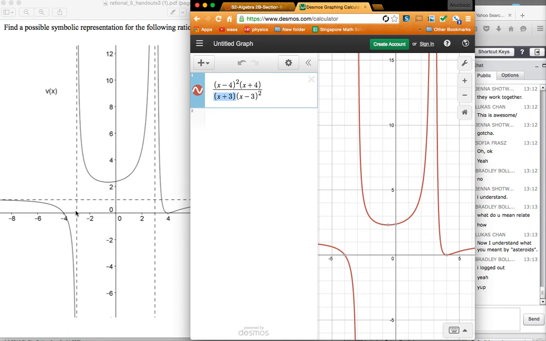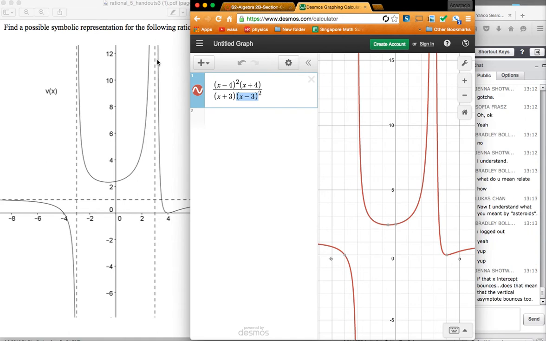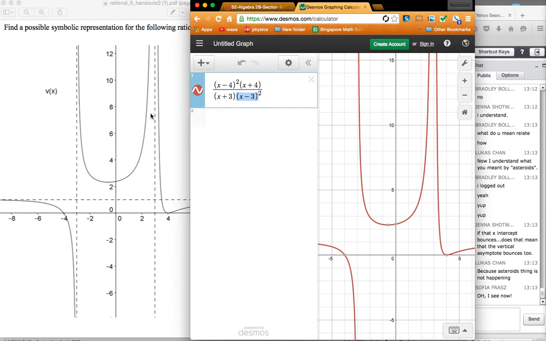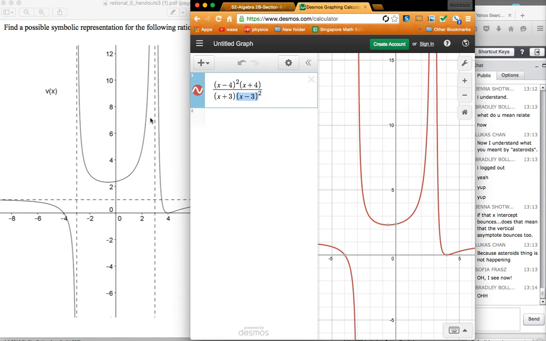If I told you the other vertical asymptote is at positive 3, you would have written this thing down right here. It's at that positive 3 vertical asymptote that we get this square property happening, where the asymptote goes up into the air and comes down from the air.